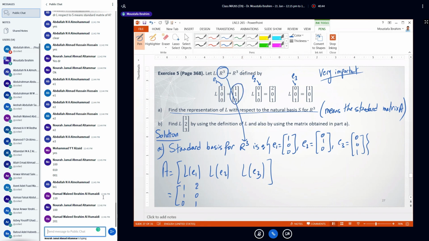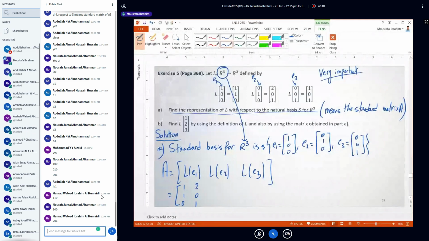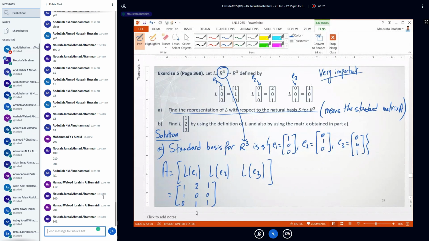So this one is L(E1), this is the answer of L(E1), this is the answer of L(E2), and this is the answer of L(E3), (1,0,1). So now I have the standard matrix. Is it 100% understood?